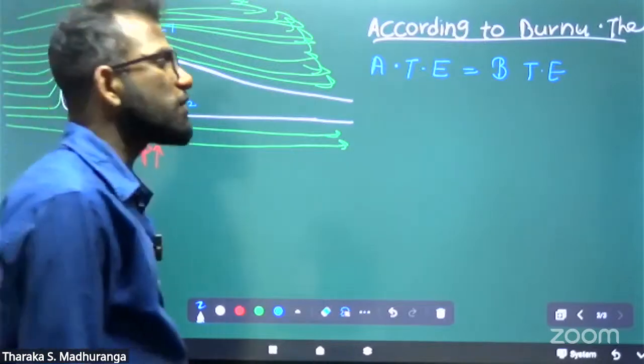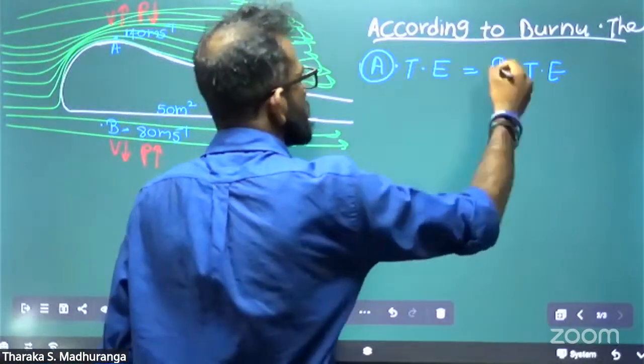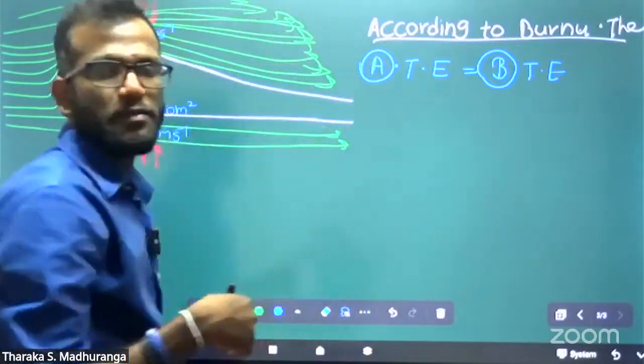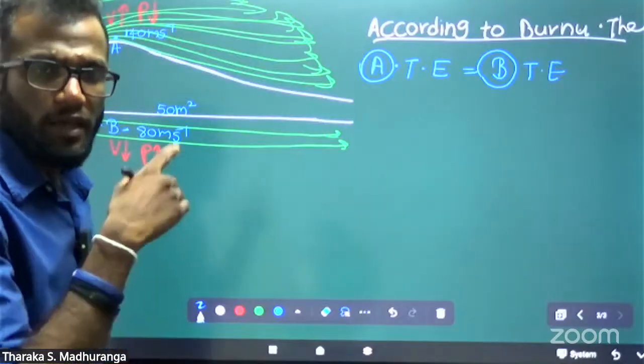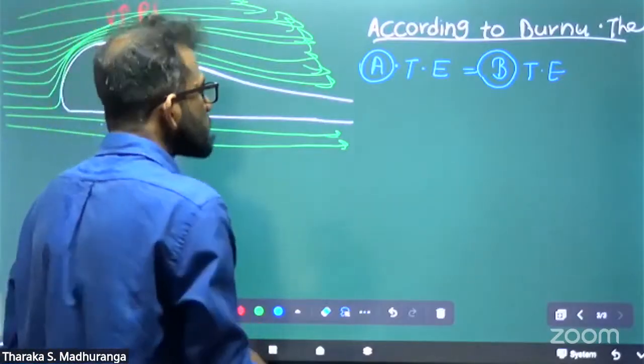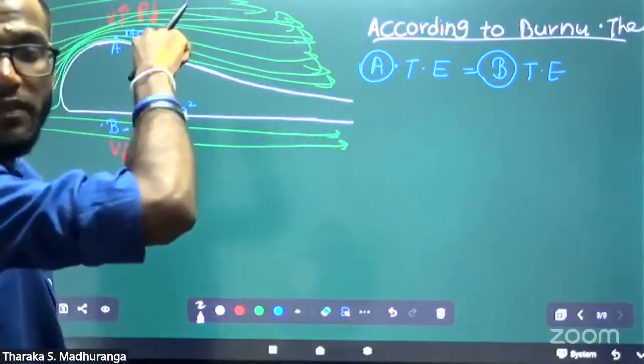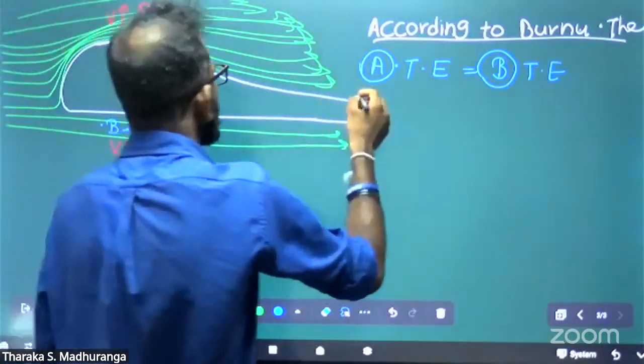That's the Bernoulli's theorem. Simple. This is A point, this is B point, total energy equal to the B side total energy. A is the upper side. Then A side total energy.